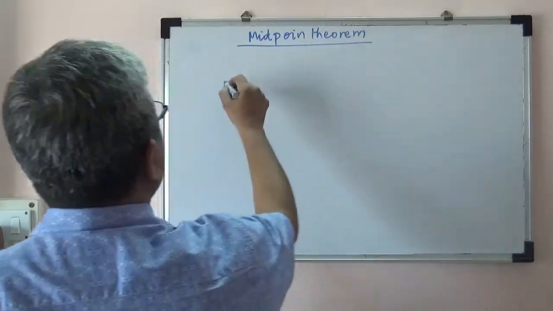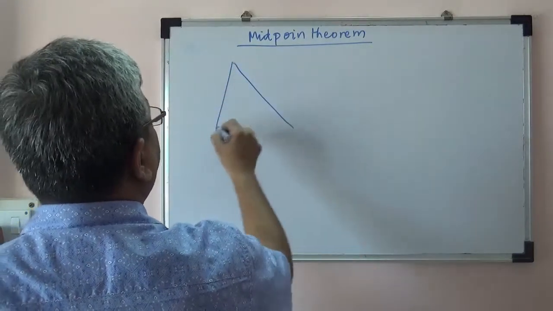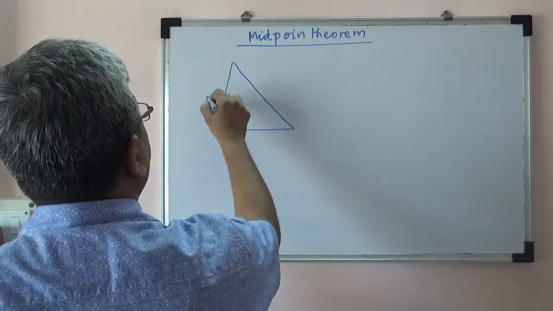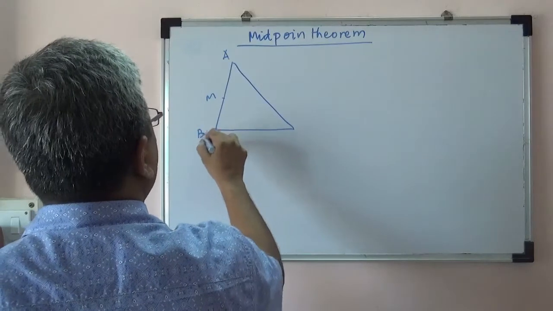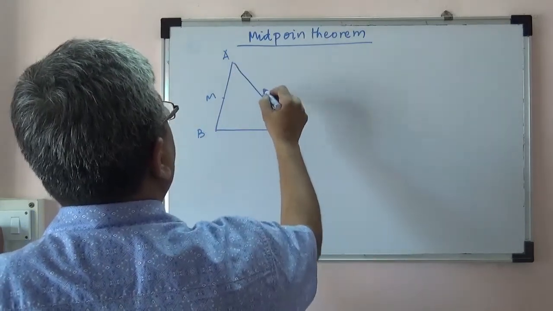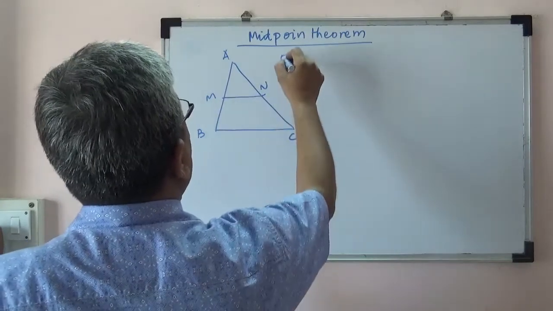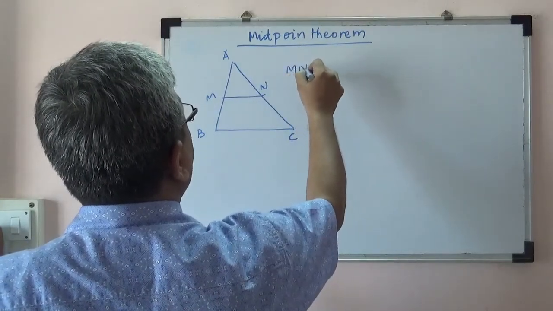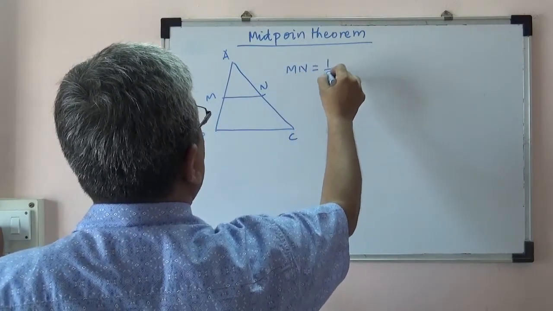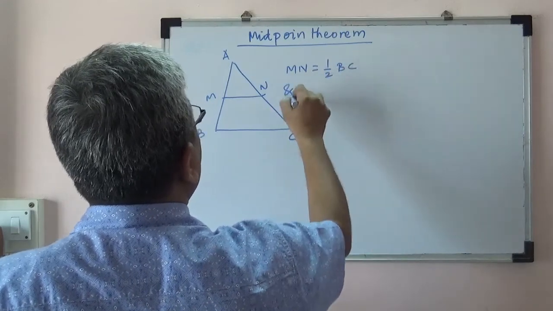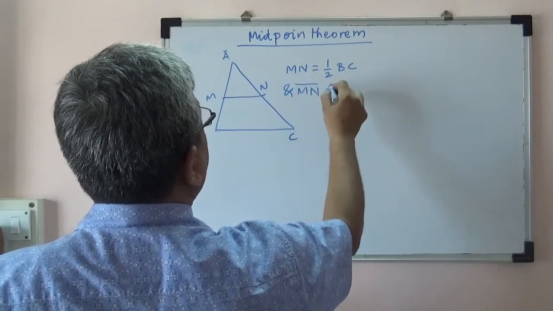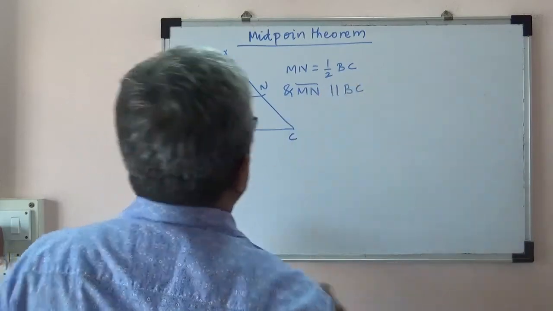Now the midpoint theorem goes like this: in any triangle, if M is the midpoint of AB and N is the midpoint of AC, then MN is equal to half of BC and MN is parallel to BC, right?